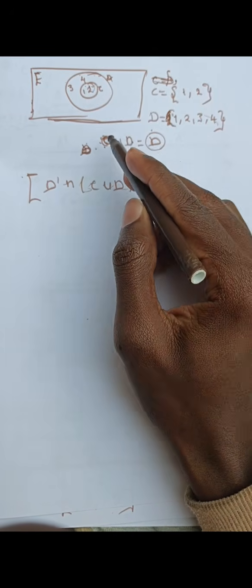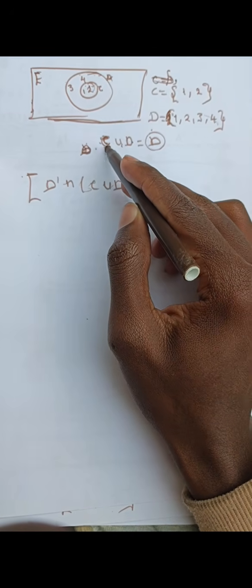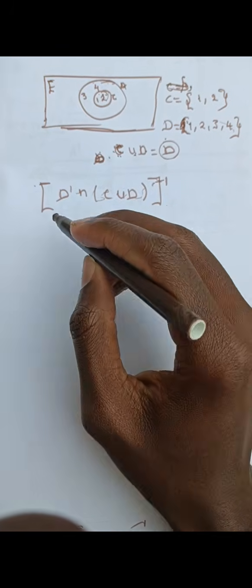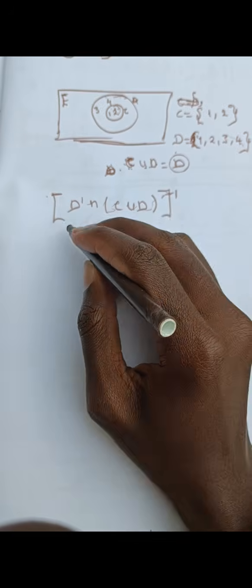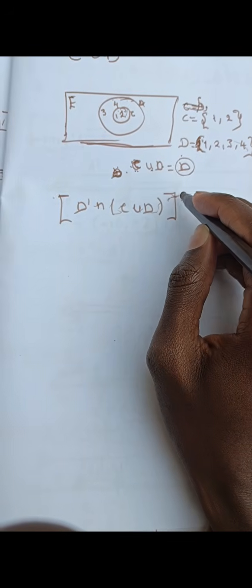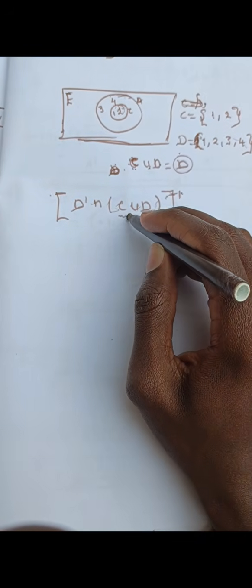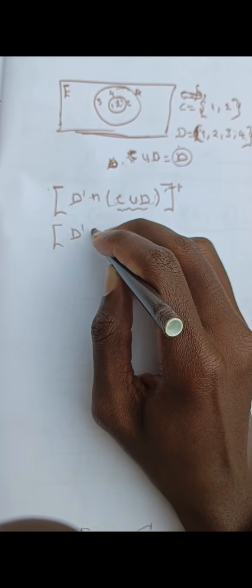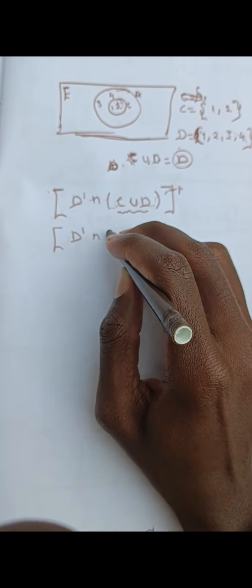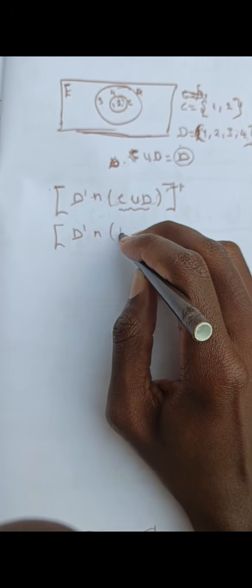As we simplify, wherever we have C union D, there will be D. Before even going anywhere, we have C union D here, so let's do the needful. We are going to substitute with D.